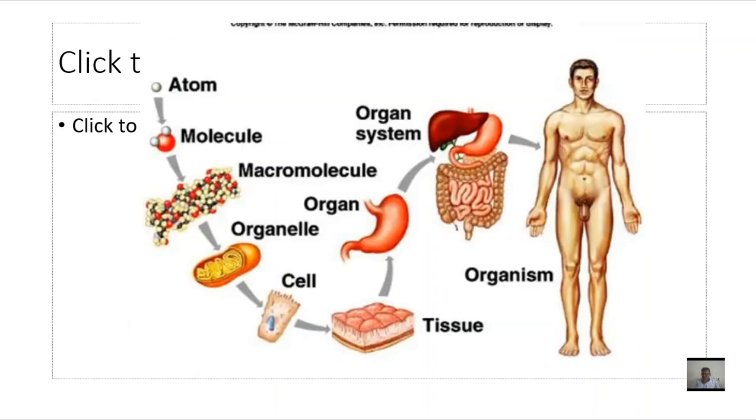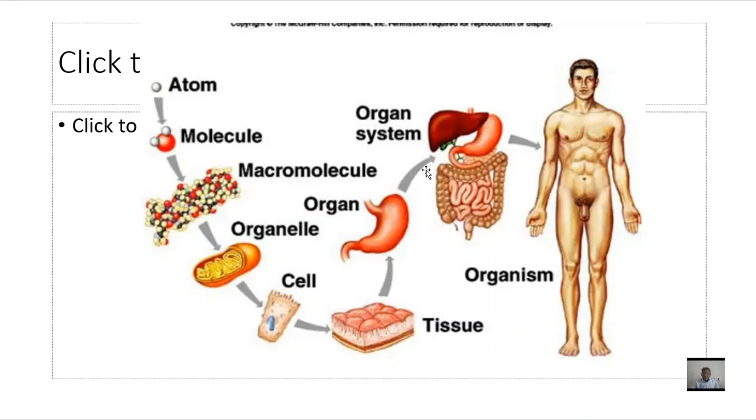Next in this slide we are going to explain about the whole body, the human being. Inside the human being we have many organs. Simply we can say it is the system of organs, or organ systems. Organ system means not only one organ, but many organs.